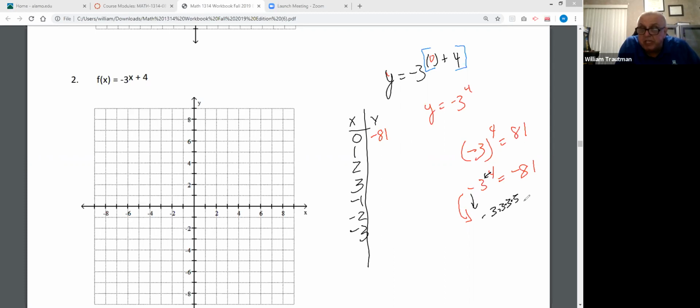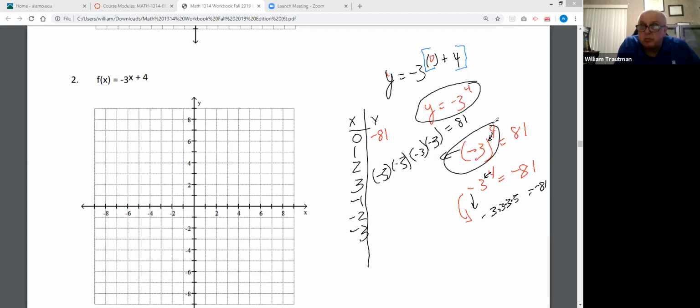There just happens to be a negative in front. So there's one negative, and 3 times 3 times 3 times 3 is 81, so the answer is -81. Here, this 4 is attached to the parentheses. So it's -3 in parentheses written 4 times. And an even number of negatives, if you put this in your calculator, you get a +81. So I just wanted you to see the difference between these two. -3 to the 4th power is -81, but (-3) to the 4th power, where -3 is in parentheses, is +81.